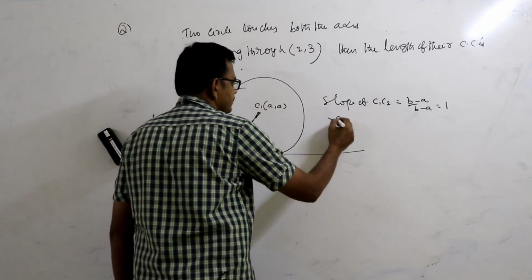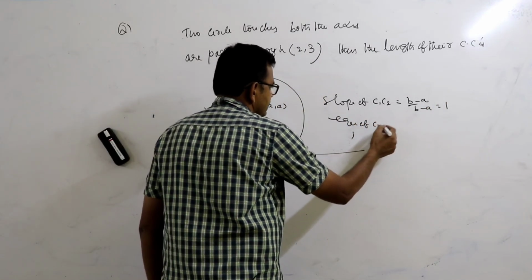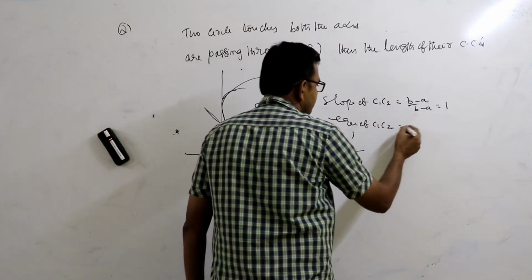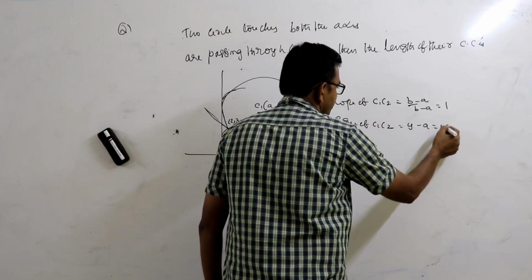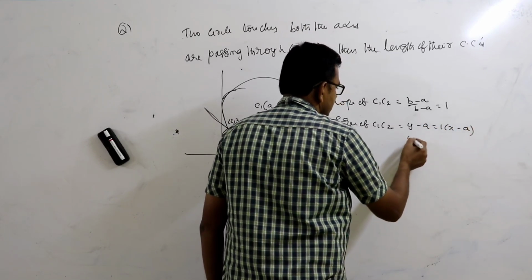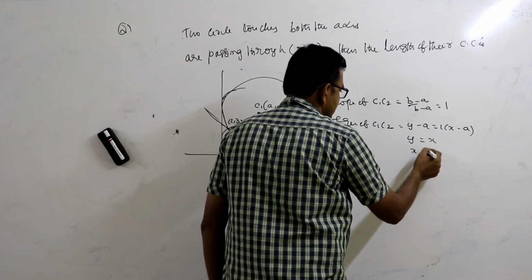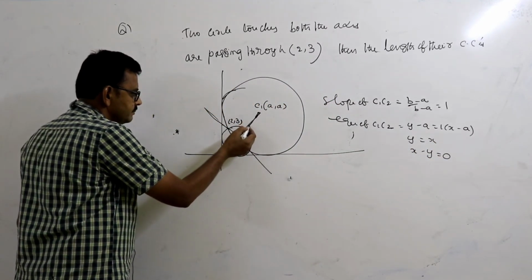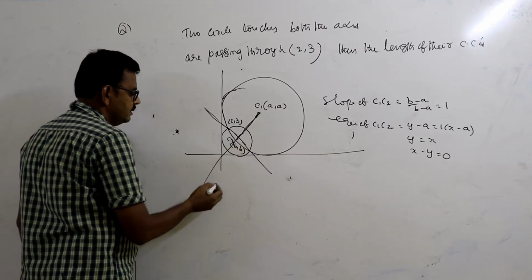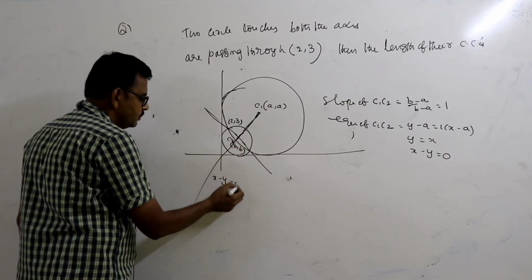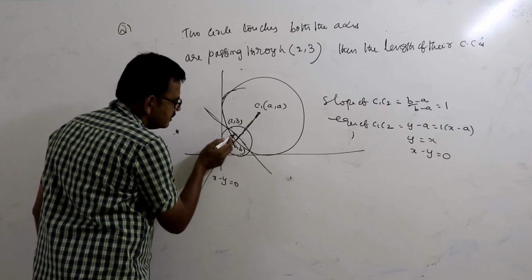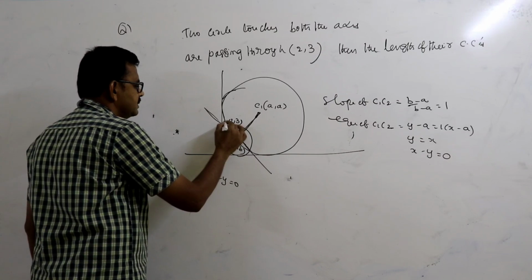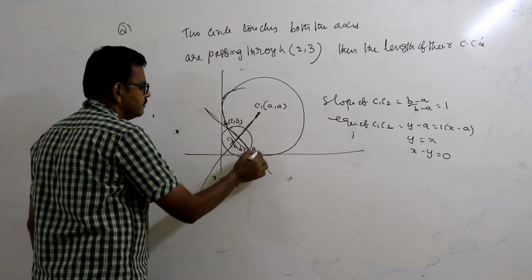Now the equation of C1 C2: y minus y1 is equal to m into x minus x1, so y equal to x, that is x minus y equal to 0. This line x minus y equal to 0 is the perpendicular bisector of the chord, suppose this is the chord AB.